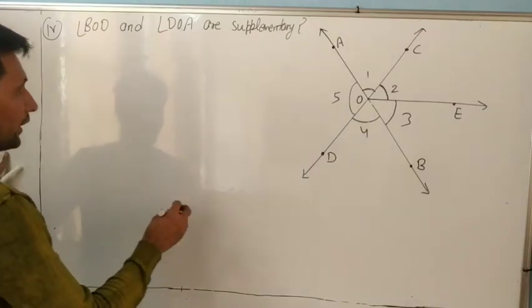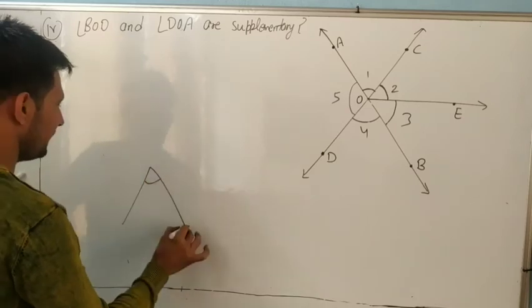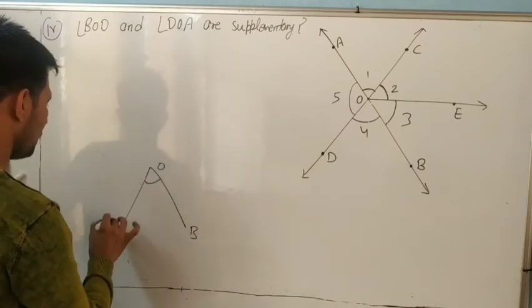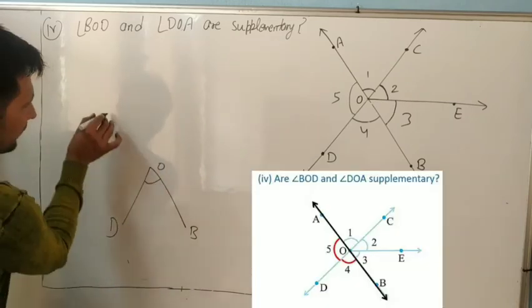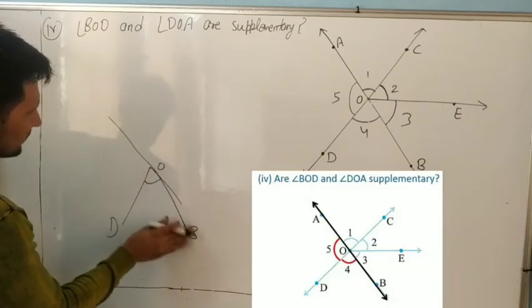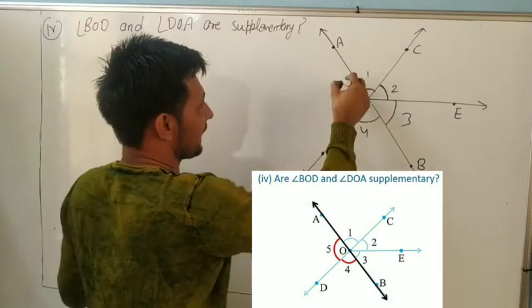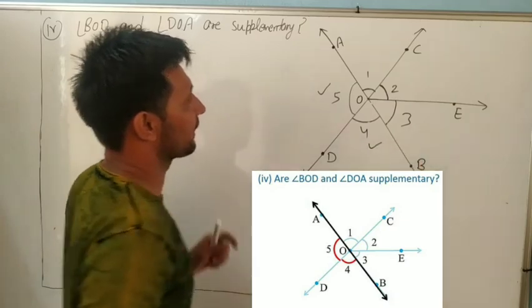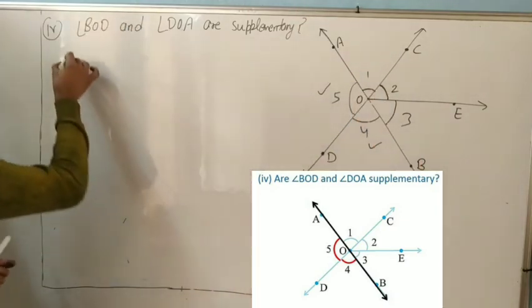Look at BOD and second DOA. Yes, because angle 5 and angle 4 are supplementary or not? Because AB is a straight line. This is right.